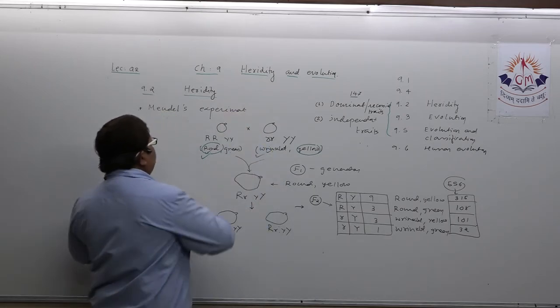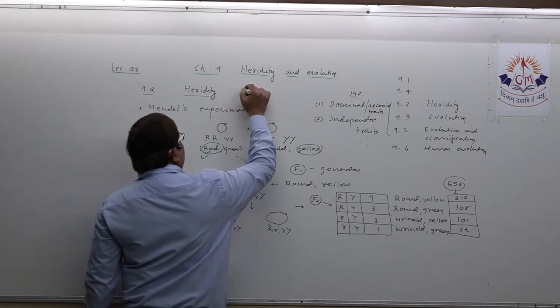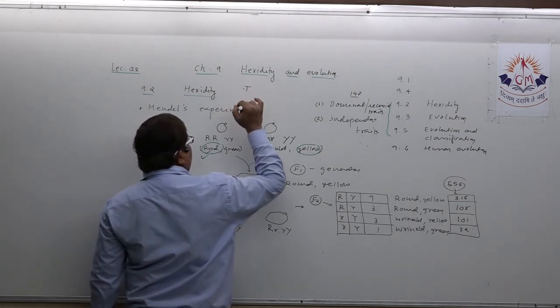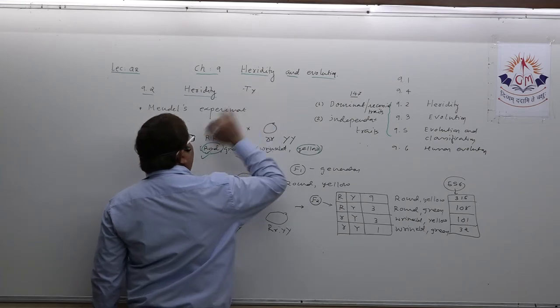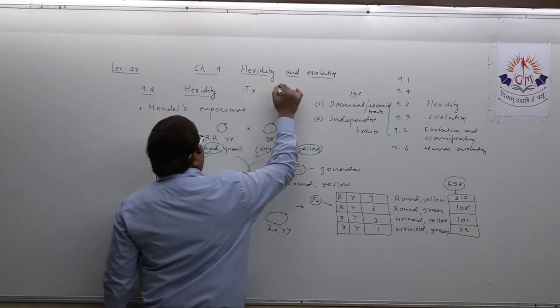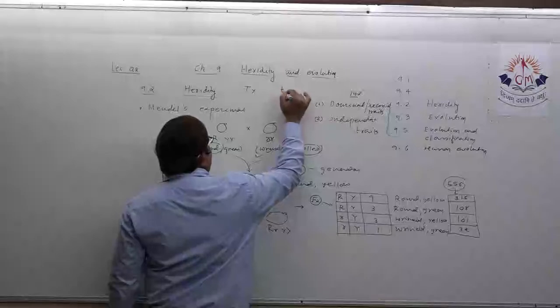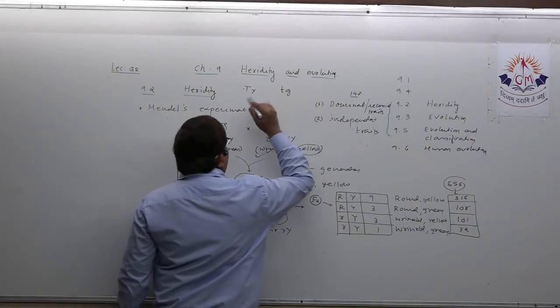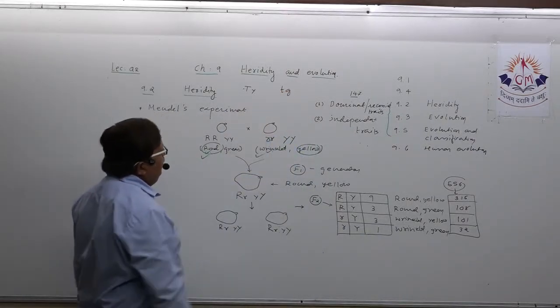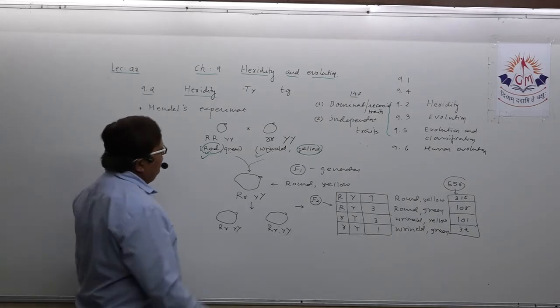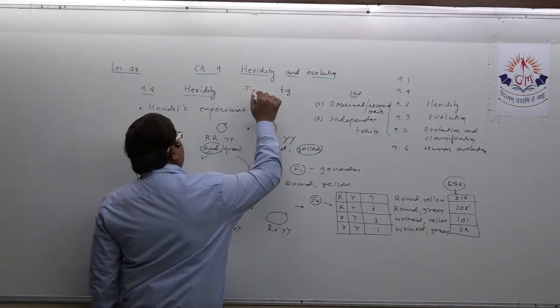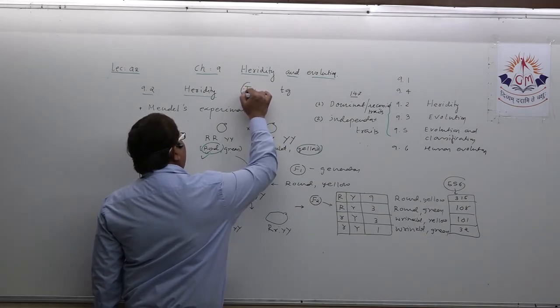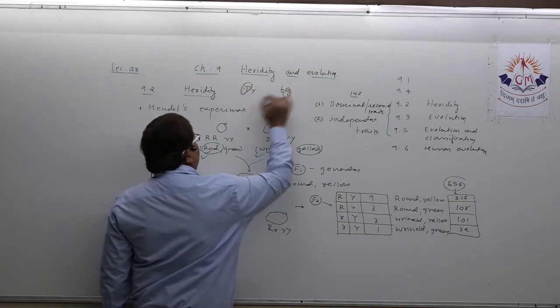Suppose one is a tall plant having yellow colored flower, and one is a short plant having green colored flower. Suppose I try to design an MCQ this way, and I say that in the next generation, understand, plants which are born are tall and green combination.